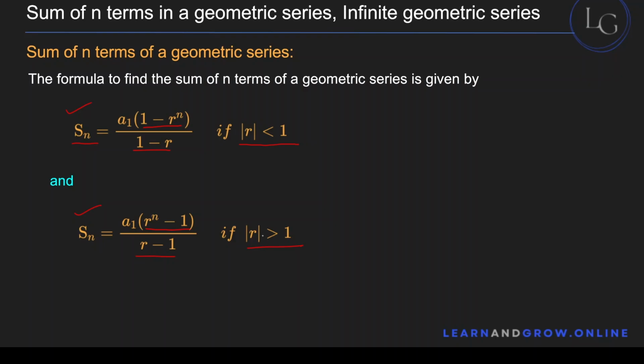And in the case where the absolute value of r is greater than 1, this becomes r to the power n minus 1 over r minus 1. So basically you're just exchanging the positions of 1 and r to the power n and 1 and r.